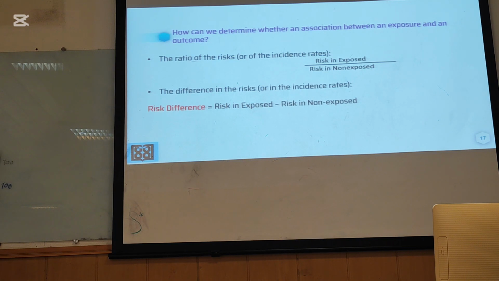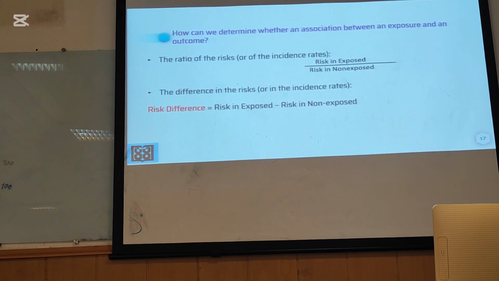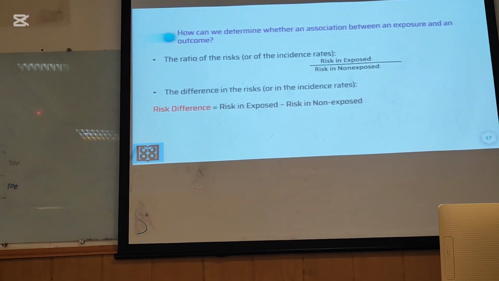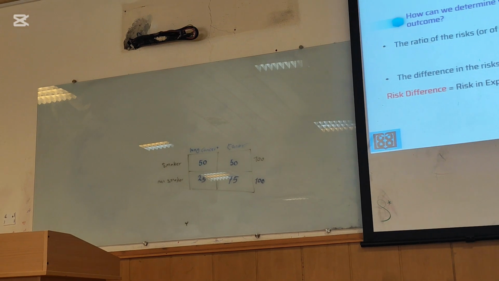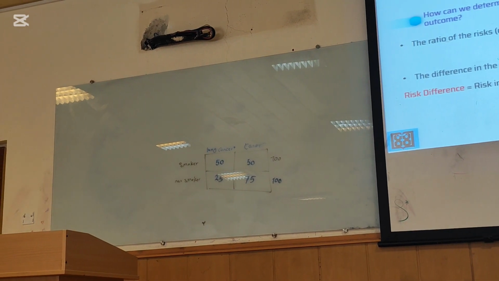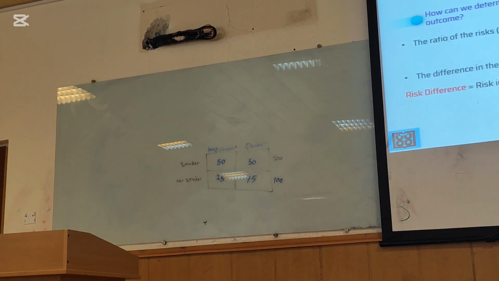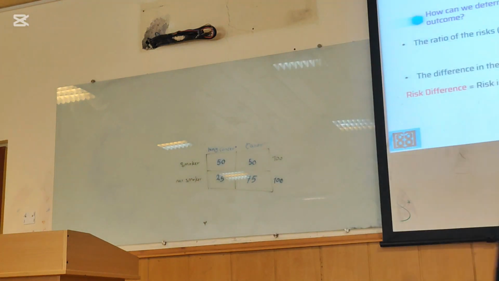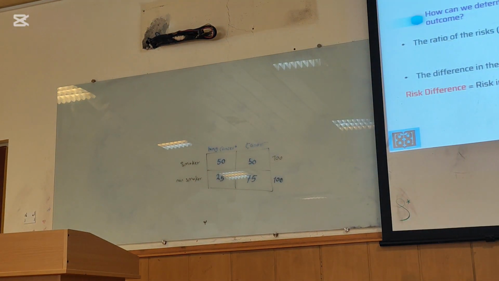Okay? Please calculate the incidence of lung cancer in the smoker group. After that, cancer in the non-smoker group. Please write your answer. After that, I will ask you to tell me about your answers.